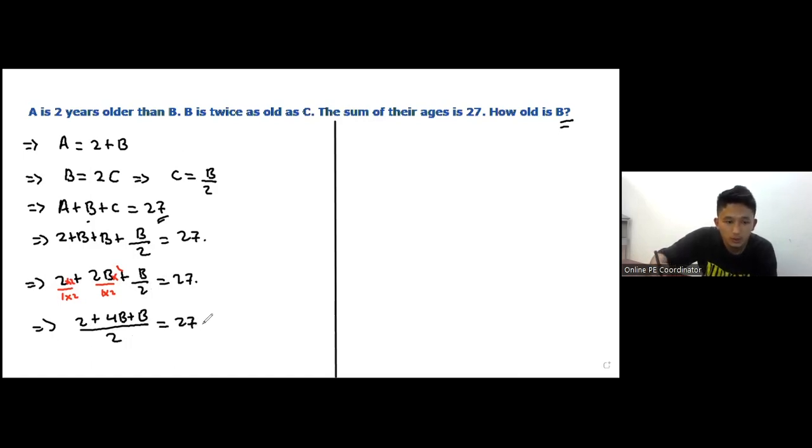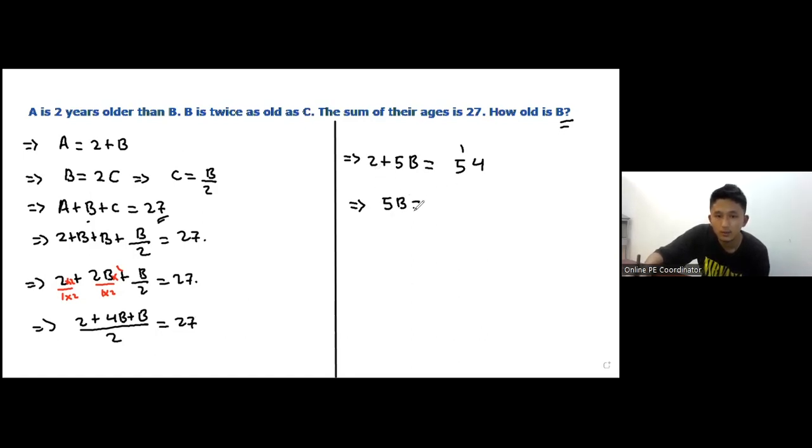Now bring this 2 to the other side and you will get 2 plus 4B plus B, which is 5B, equals 27 times 2, which will give us 54. So bring this 2 to the other side, you will get 5B equals 54 minus 2.